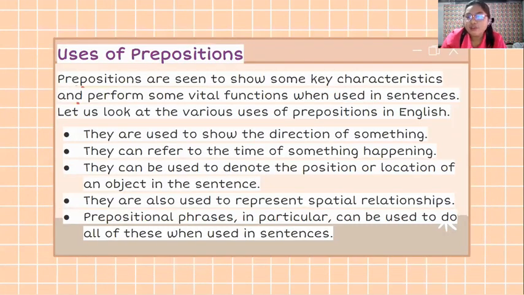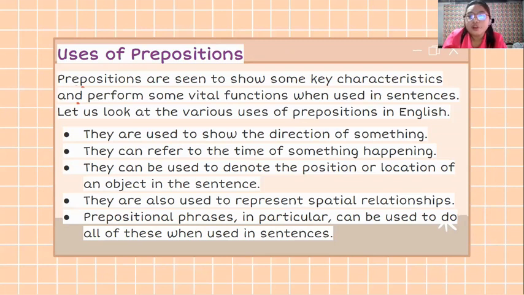So what are the uses and functions of prepositions? Prepositions are seen to show some key characteristics and perform some vital, important functions when used in sentences. Let us look at the various uses of prepositions in English.